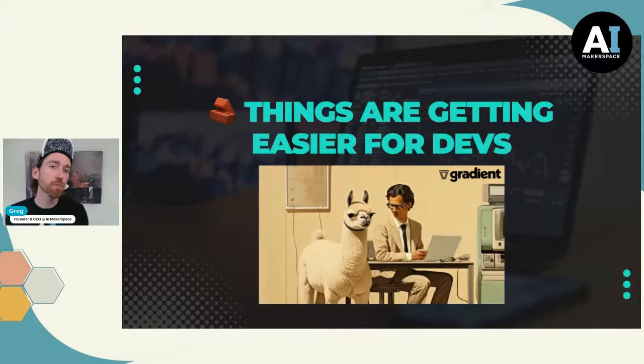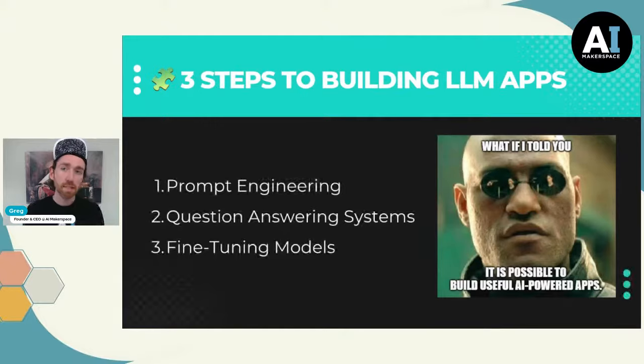So let's consider the framework that we and many others are using as a lens for building complex and useful LLM applications. You prompt as far as you can. Then if you have some data that you think can augment this system, you leverage it in terms of a RAG or question answering system.